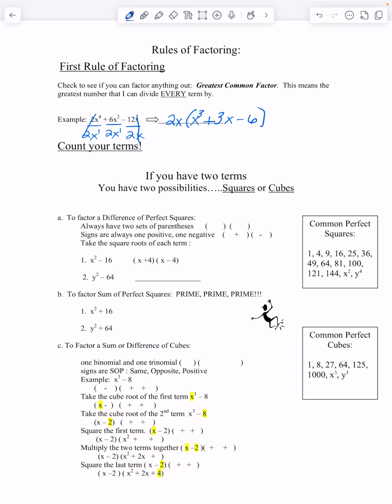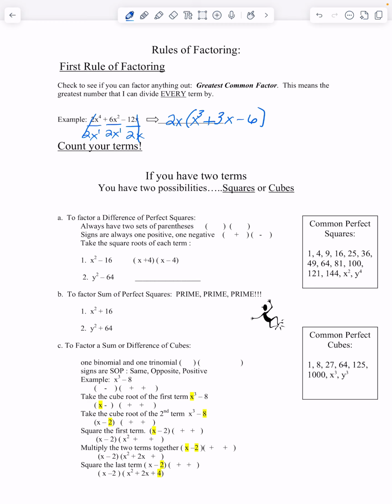Any even exponent is a perfect square, so x to the second, x to the fourth, x to the sixth, all of those would be perfect squares. And I've listed over here in this box the common perfect squares. So you should be able to recognize when you see the number 64 that it is a perfect square, and the number that I square to get 64 is 8.